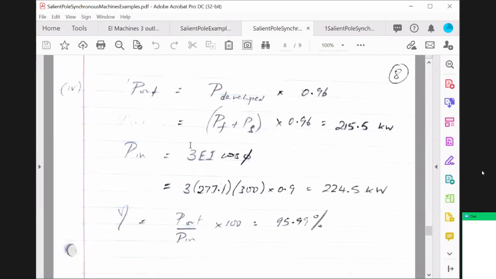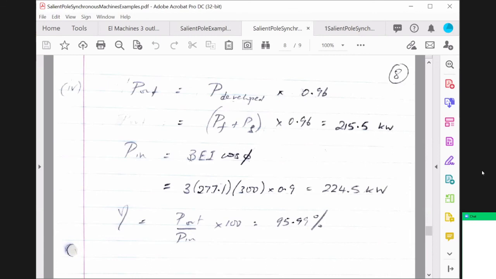This is your equation for the developed power. It's your output power, and will be equal to the sum of the field power and the salient power together times the efficiency that's given to you, and you can work out the output power.